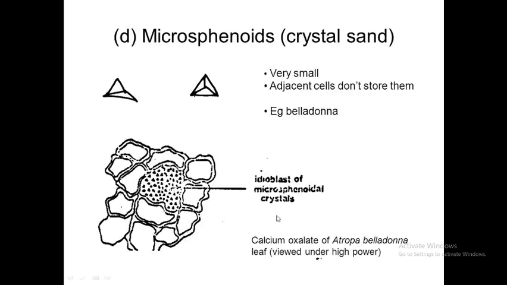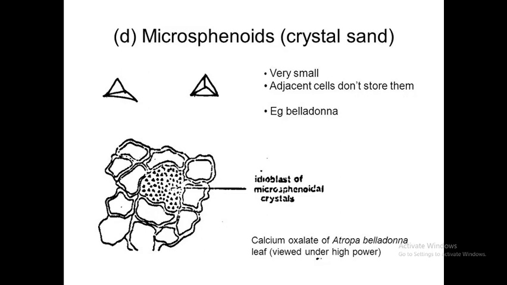Just see here the microspheroidal or sandy-shaped crystal. These are very fine and arrow-shaped, and occupy the whole idioblast, where the synthesis of calcium oxalate crystal from oxalic acid takes place. This is an important characteristic of microspheroidal or sandy-type crystals.